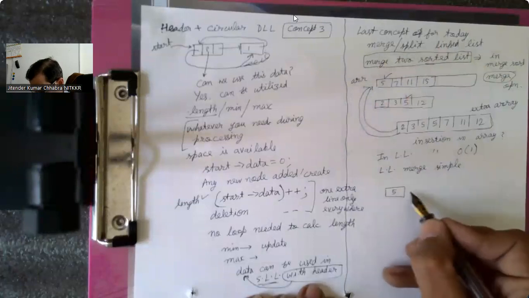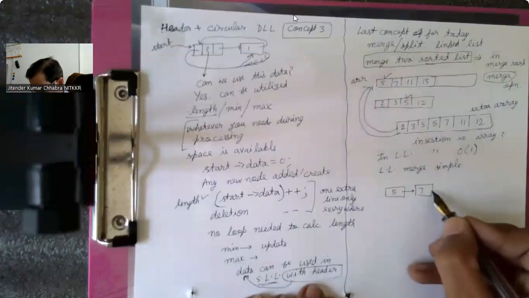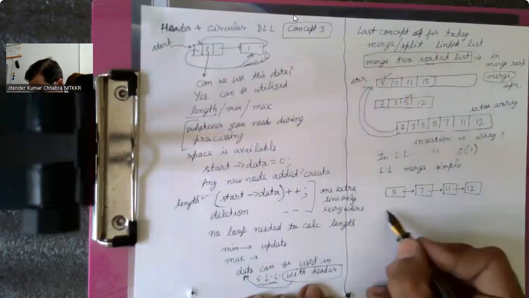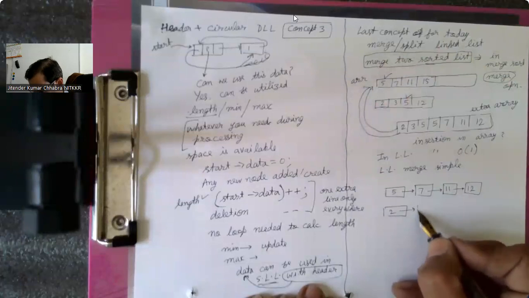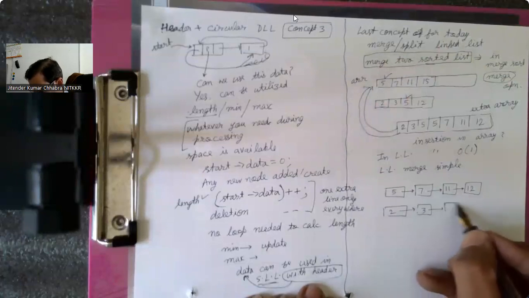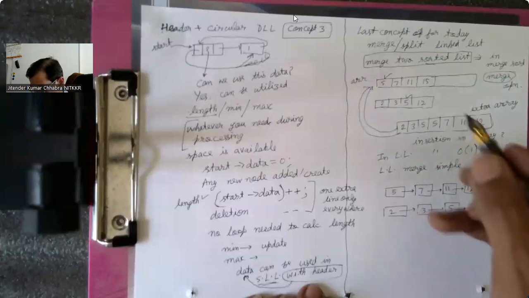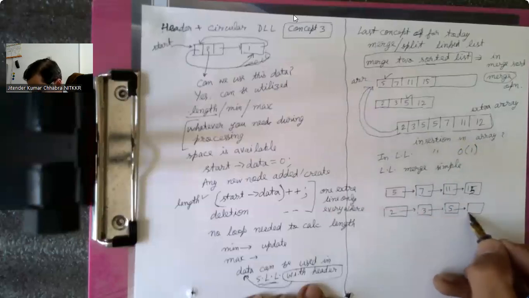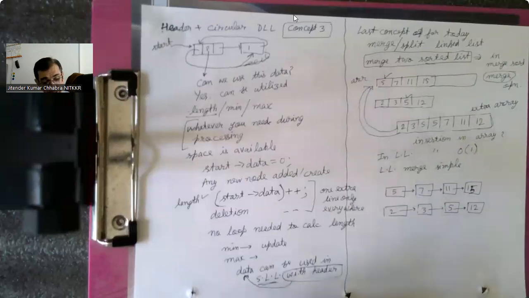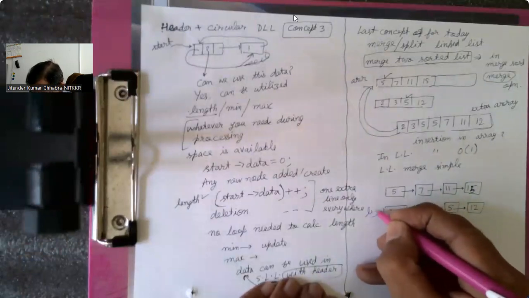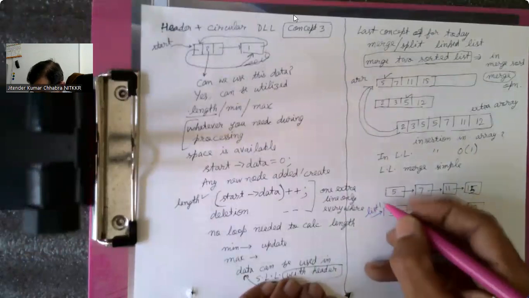Say you have 5, 7, 11, 15 in one list, and in the other list you have 2, 3, 5, and 12. What I really need now is slightly different: all these nodes should be relinked. This should become, let's say, list 1 or list 3.